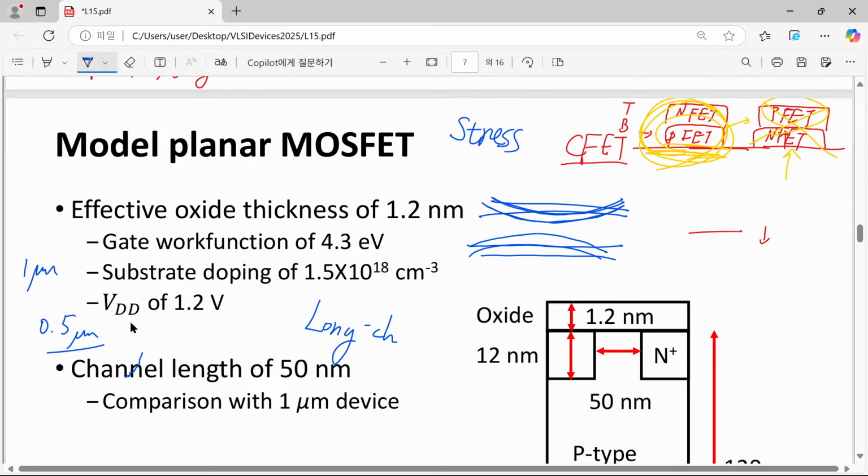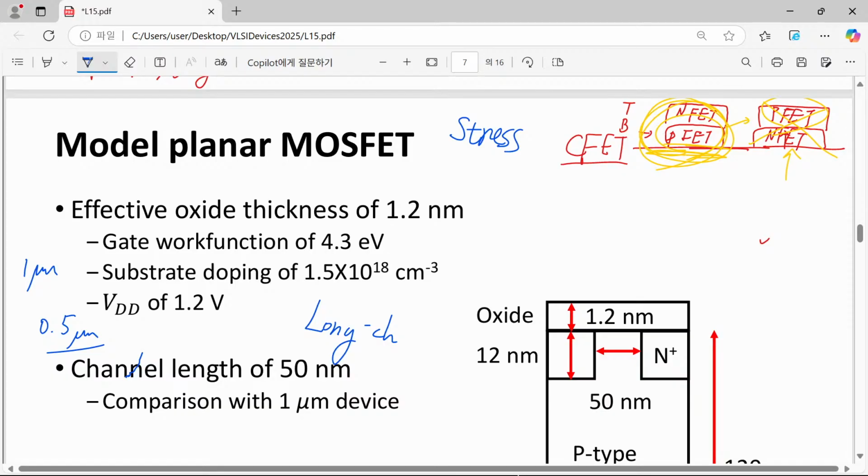So nowadays it is almost impossible to make a 1 micrometer long device with state-of-the-art technology. There is no such kind of device at all. So an actual device should always be treated as a short channel device.